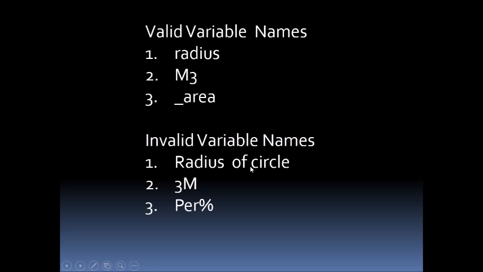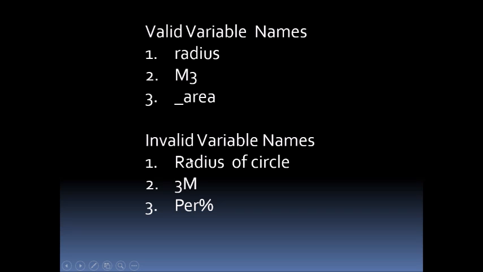So spaces are not allowed in variable names. This is invalid because it starts with a number. So an address name cannot start with a number, but it can start with an underscore. The third one is invalid because no special characters are allowed except the underscore. So you see, these are the valid and invalid variable names.